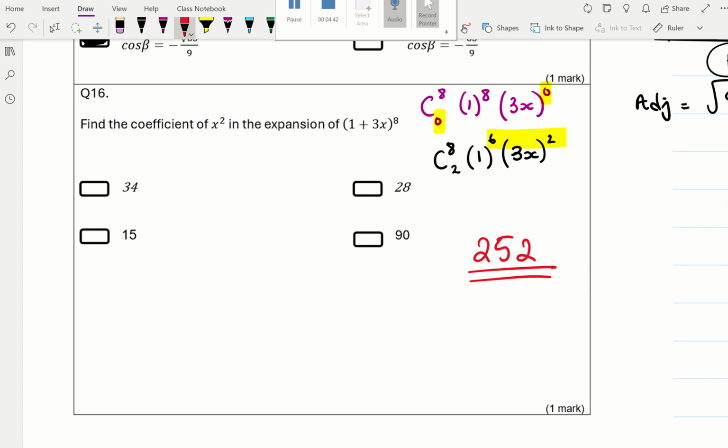I need to change that into the Word document, so you should find it in your answers. So on your calculator, you're doing 8C2 times 3 squared, and you get 252, and the answer is here.